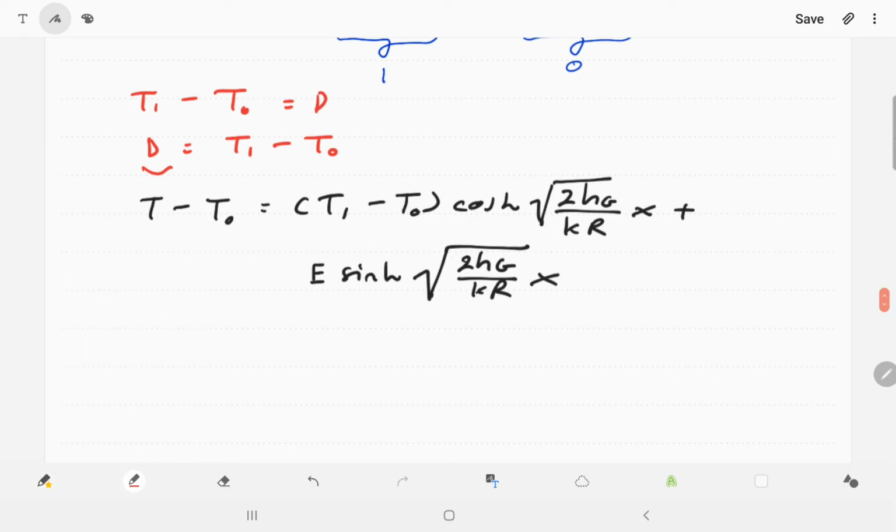Here we can simplify further because otherwise this will be too long, so we can just abbreviate this term as m. Okay, and then we go into the second boundary condition to try to solve for the value of E.